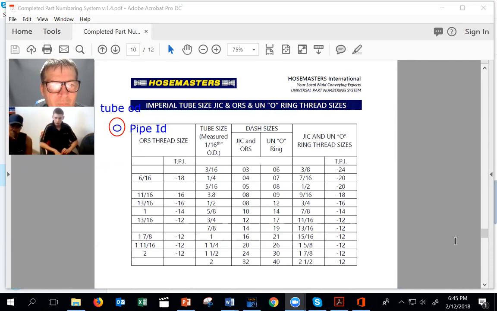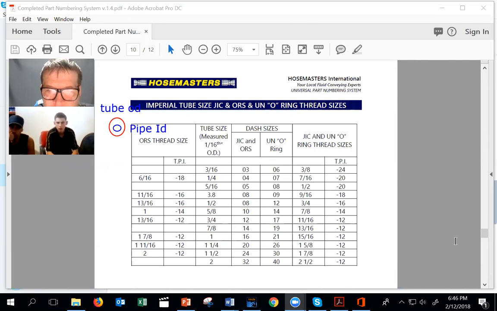JIC and ORS and UN ring. What I want you to understand is JIC fittings and UNO rings are the same thread. They just seal differently.